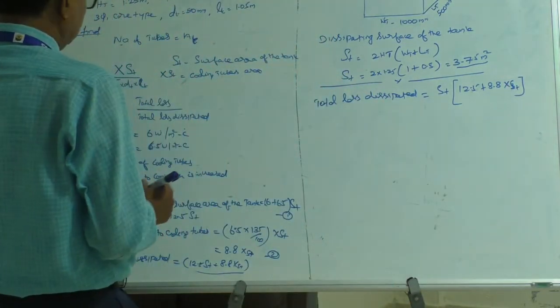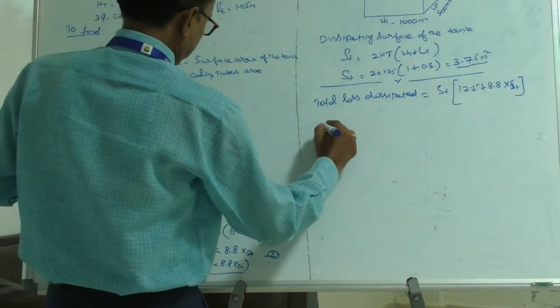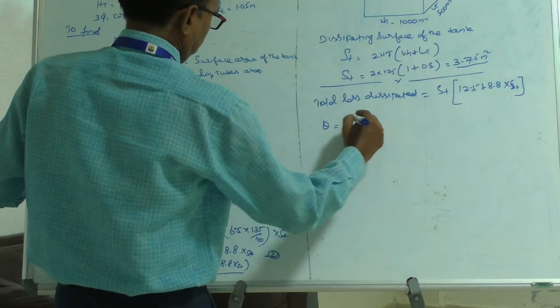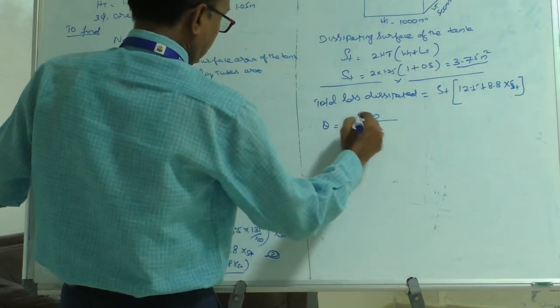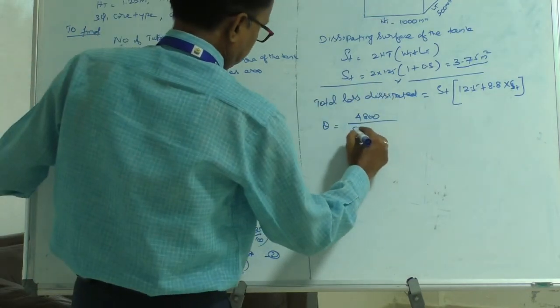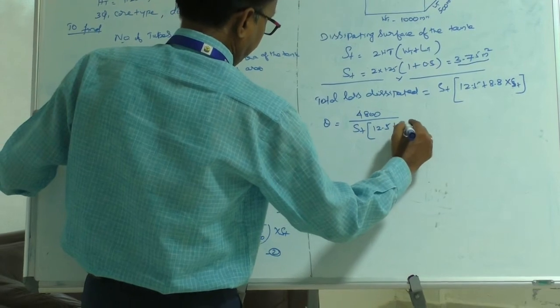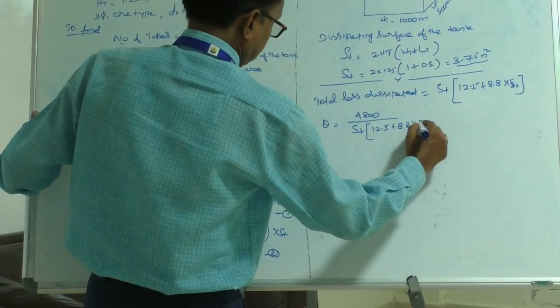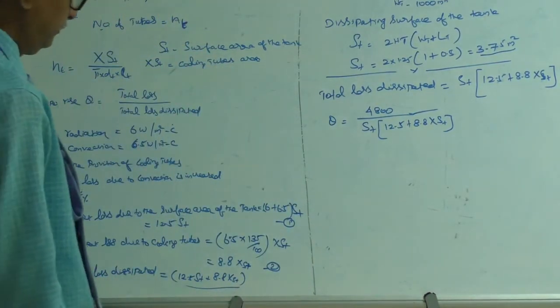Now, from this equation, temperature rise, that is nothing but theta, is equal to total loss, which is nothing but 4800 watts, divided by total loss dissipated, which is equal to ST into 12.5 plus 8.8 X. You substitute all the known values.